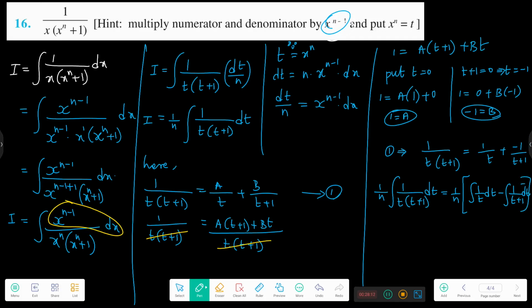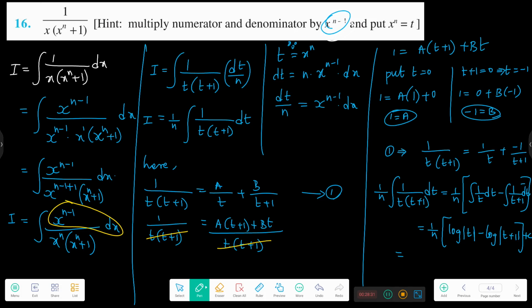Now let's simplify. 1 by n, this one you can write log of denominator, that means log t, minus this also log of denominator which means t plus 1, overall plus c. And what is t we assumed, that you can replace, you will be getting the final answer.